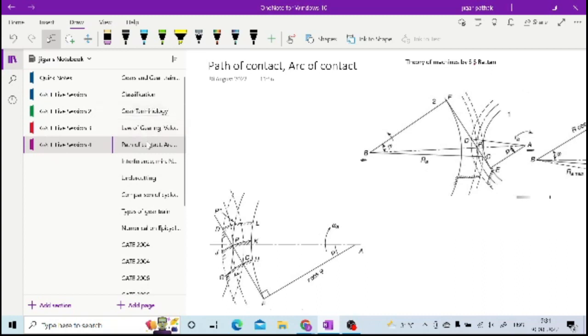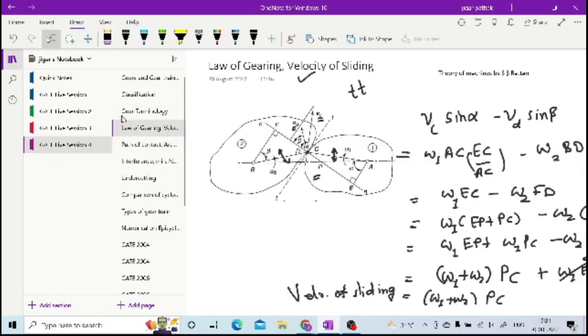I guess velocity at the pitch point. Can you tell me what the velocity at the pitch point can be? So R into omega, radius into angular velocity.